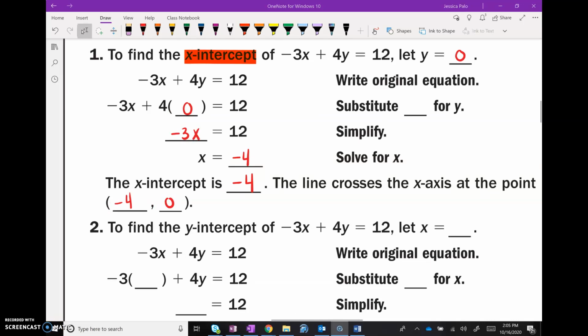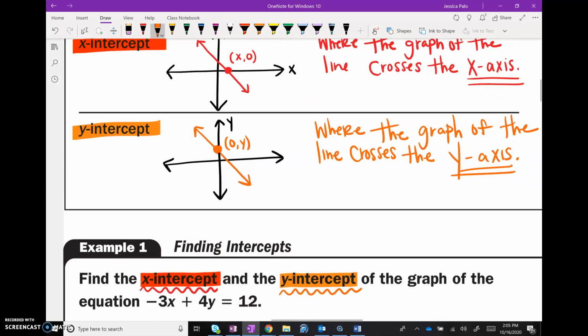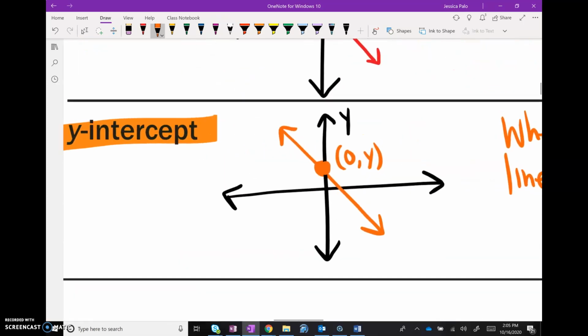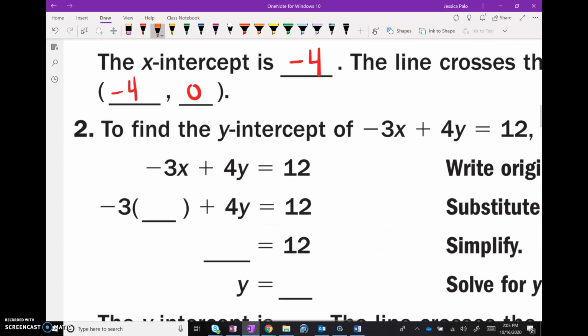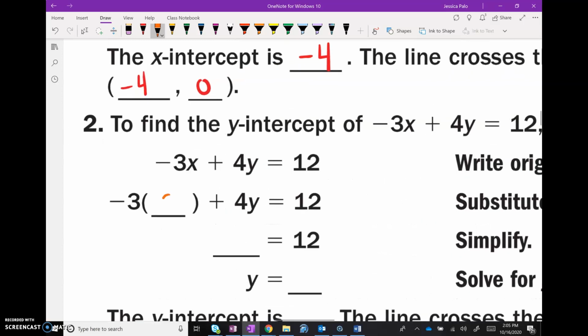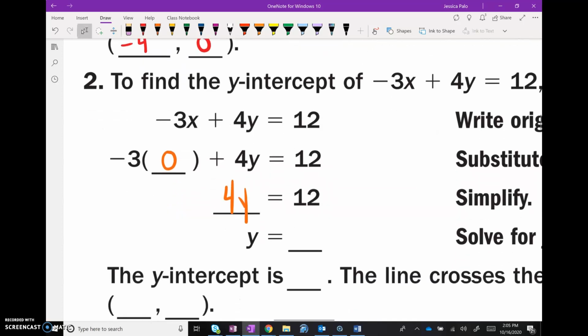Now to find the y-intercept, we're going to do the opposite. We're going to let x equal 0, because as we mentioned earlier, the y-intercept is on the y-axis. That means x will always equal 0 in the y-intercept because there is no x value. So if we substitute the 0 for the variable x, negative 3 times 0 equals 0, so we are left with 4y equals 12.